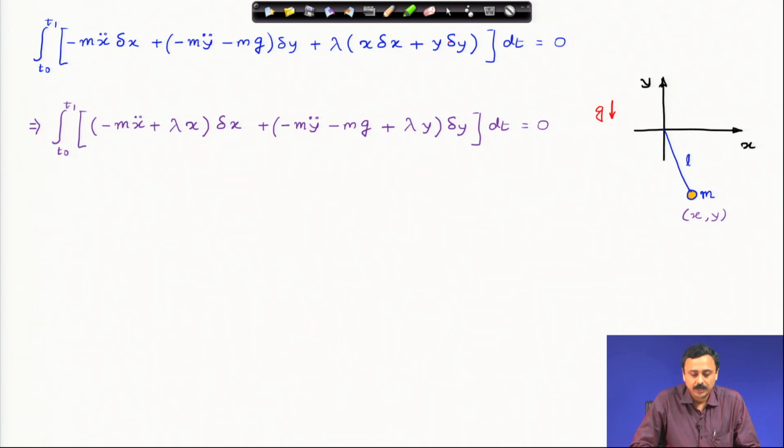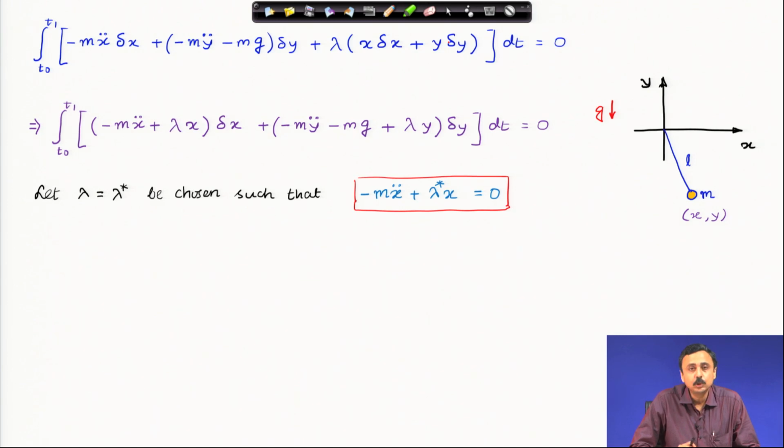Now, we will argue this way. Let us choose some lambda star. You see, delta x and delta y are not arbitrary, but what I can do is I can do away with one of these bracketed terms. There are two bracketed terms, one corresponding to delta x, the other corresponding to delta y.